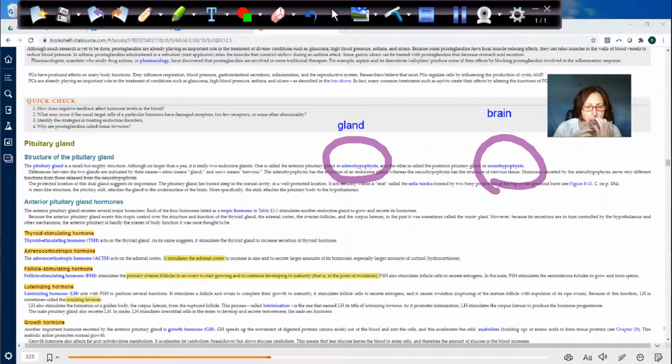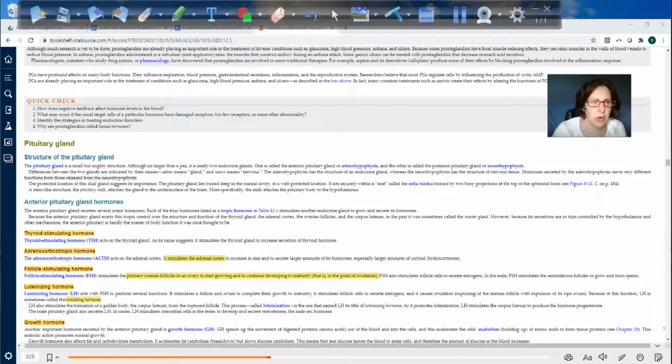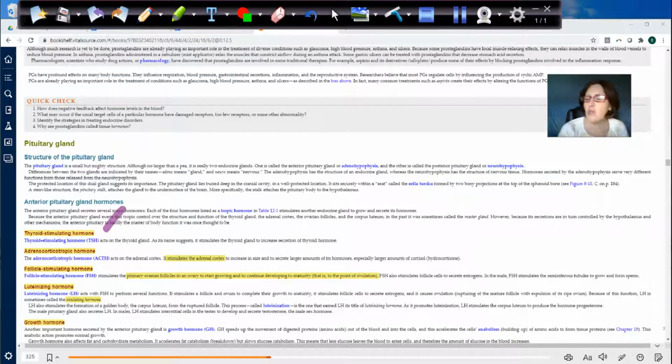Okay, and so we're going to run through these hormones one at a time, starting with the anterior, and what do they do? What are their purpose? And you can create your cheat sheet as we go. Okay, so the first hormone we're going to talk about is called the thyroid stimulating hormone.